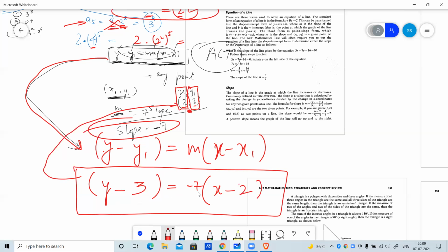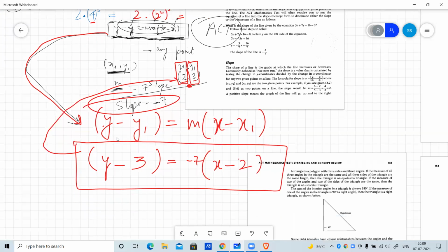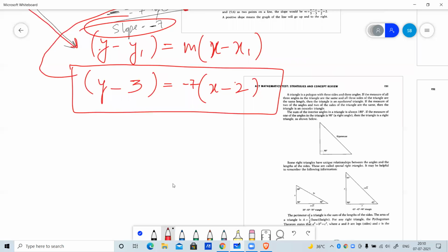If it is asking you for the slope intercept form, then you need to simplify it further.